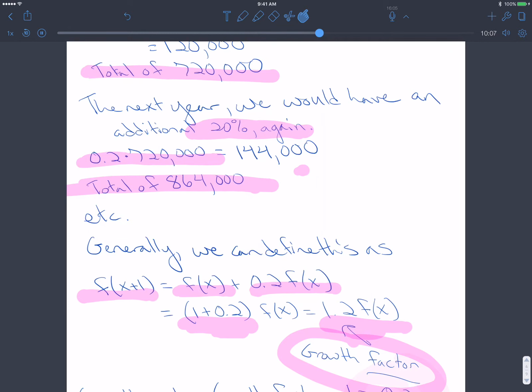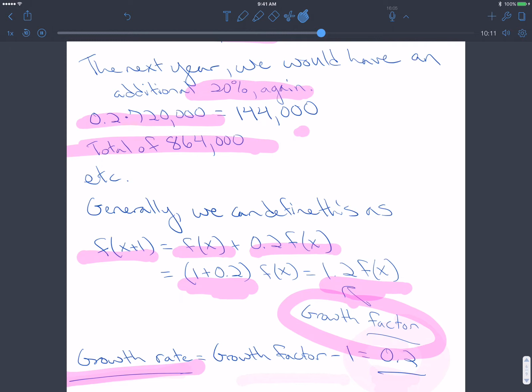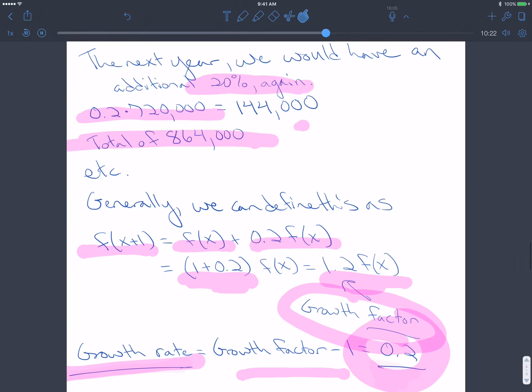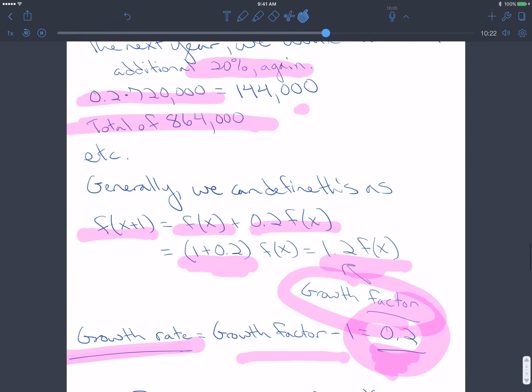That's our growth factor. Our growth rate, remember, is our growth factor minus 1. If I subtract 1 from 1.2, my growth rate is 0.2, or hey, that looks like that 20% that we were adding at each step, right, each year. So your growth rate is typically just defined by the percentage increase that is defined in the problem.